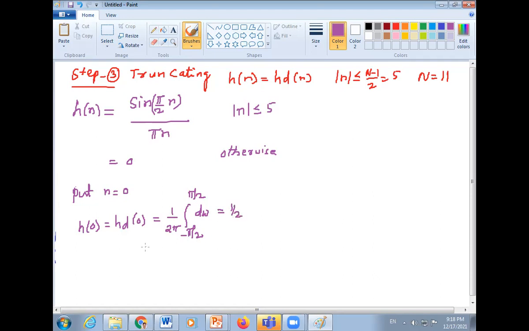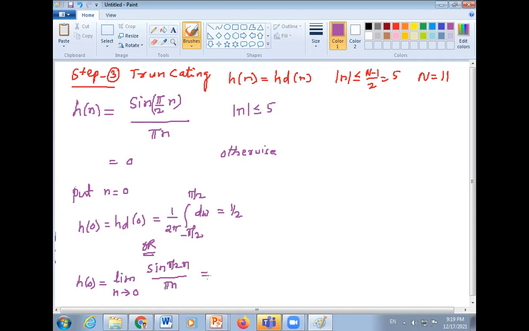Or by using L'Hospital rule, h of 0 is the limit n tends to 0 of sine pi by 2n divided by pi n.